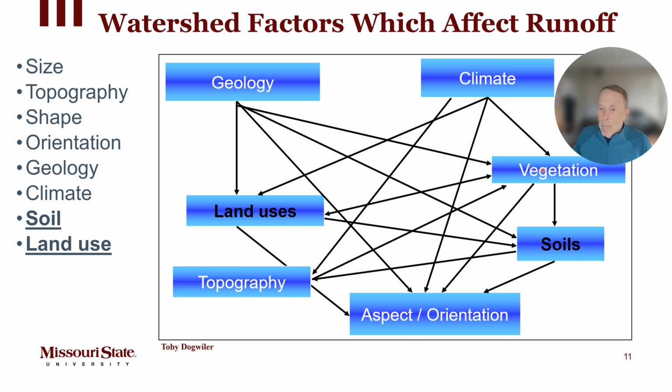All of those things combine to form a unique type of soil. And then the soils set the stage. If you have certain types of soils, you can have certain types of land uses. Like north of I-70 in Missouri, we have a glaciated landscape with really thickly developed soils, and those are great for agriculture. So those control the land uses, and so on and so forth.